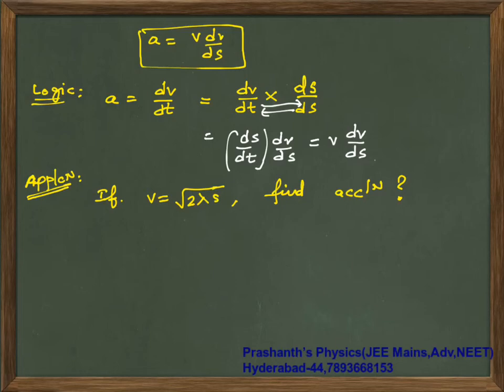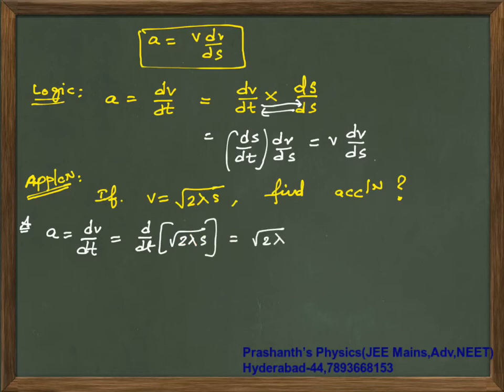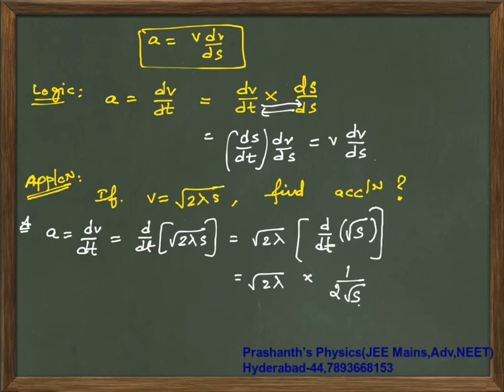Now you can solve it like this. Your acceleration is dv by dt, that is equal to d by dt of under root 2 lambda s, that is equal to under root 2 lambda times d by dt of root s. That is equal to under root 2 lambda times 1 by 2 root s.